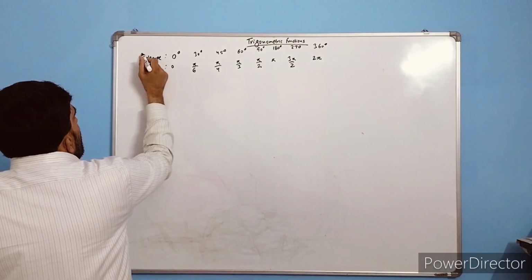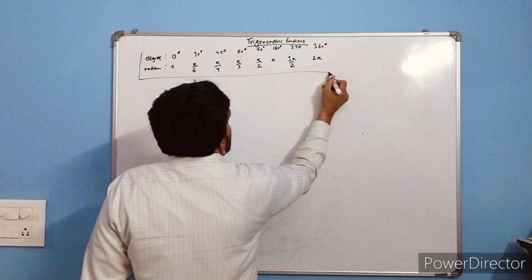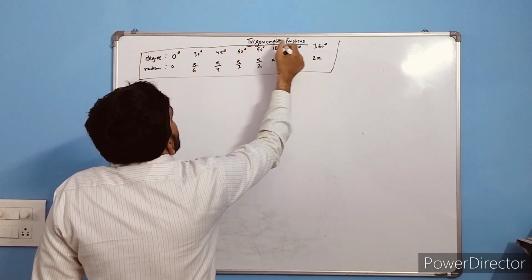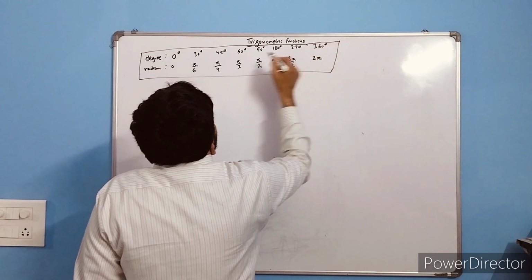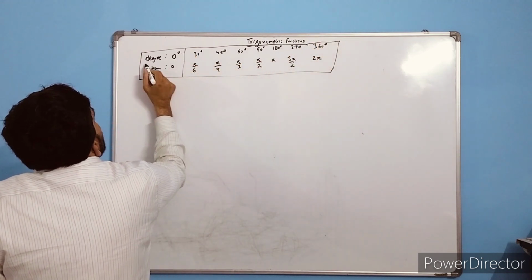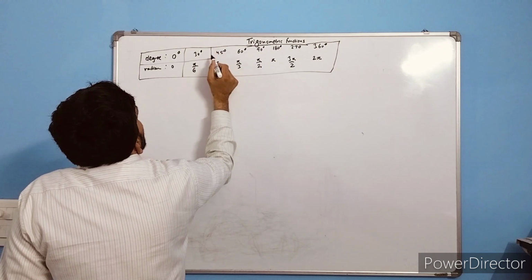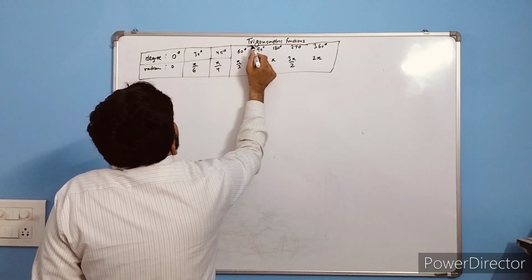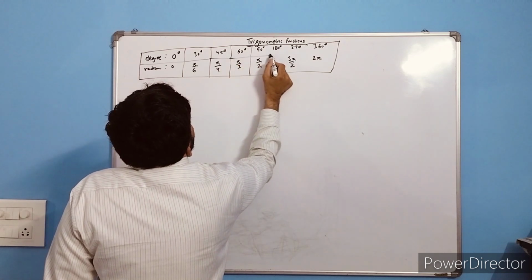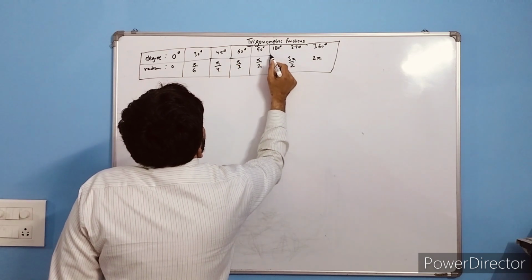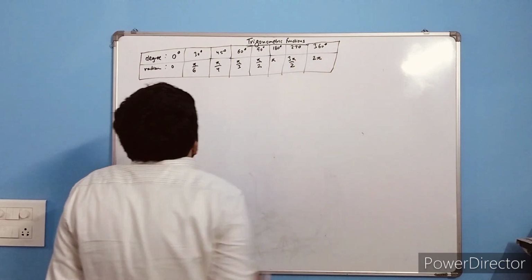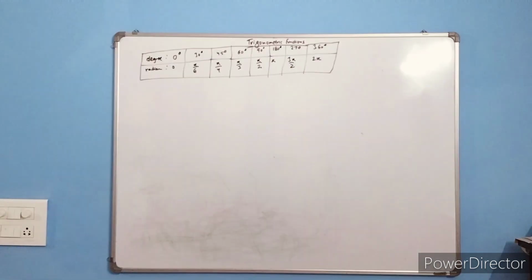This is the most important part we have just discussed, that which value is to be written in degree form and which in radian form.